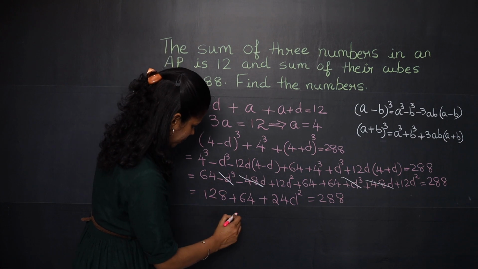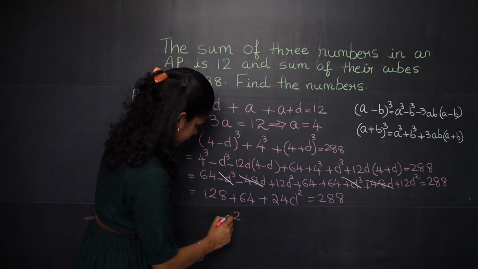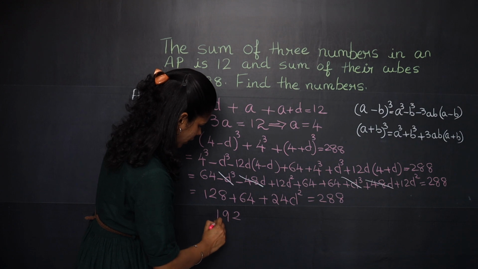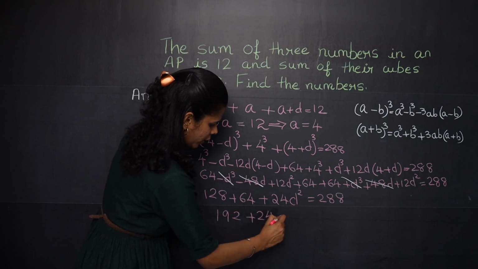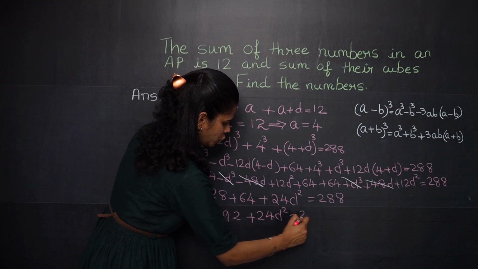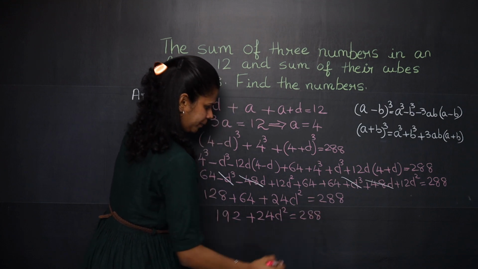Now this becomes 192 plus 24d square is equal to 288.